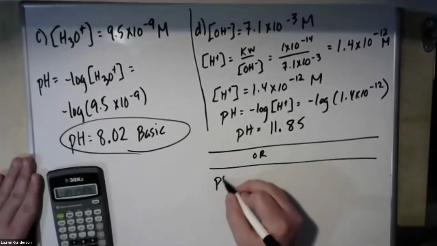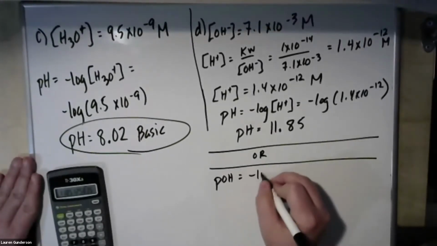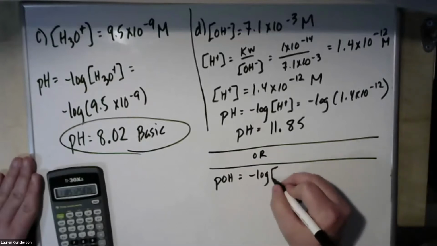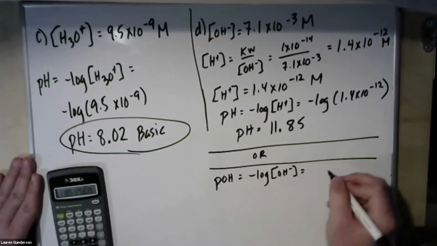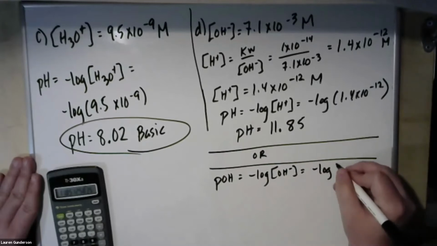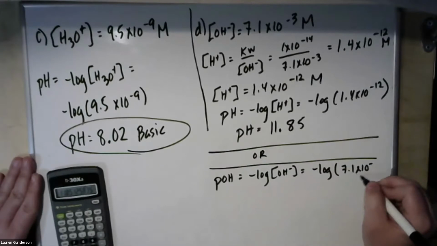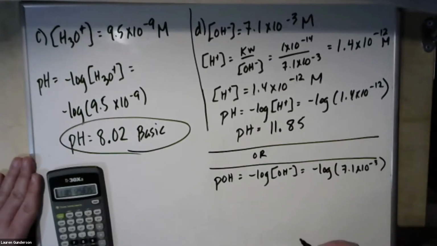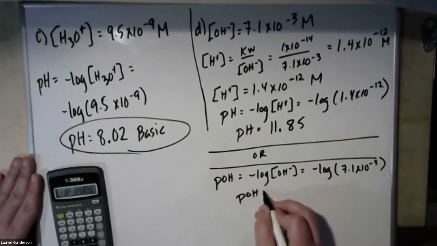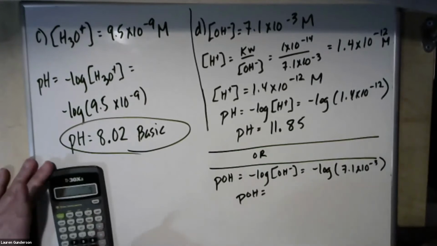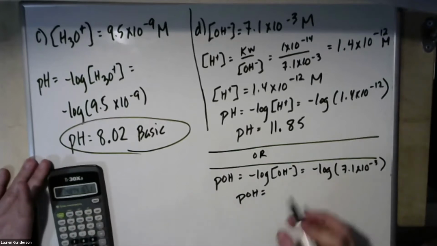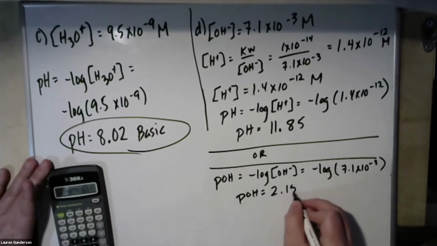we could take the pOH, which is the negative log of our OH minus. That's 7.1 times 10 to the negative 3. So our pOH value would be 2.15.